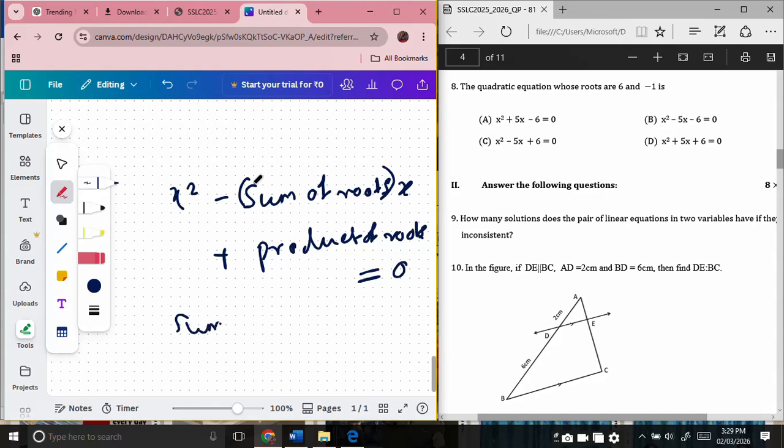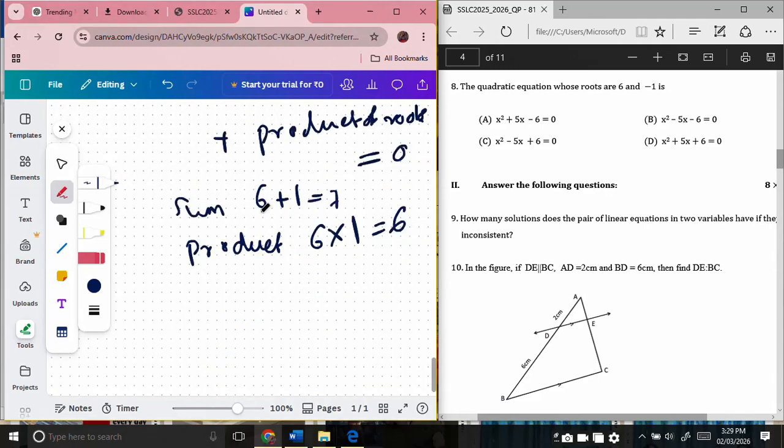So the sum is 6 plus 1, which is 7. The product is 6 into 1 equals 6. So we get x square minus 7x plus 6 equals 0. Do we have this in the options?